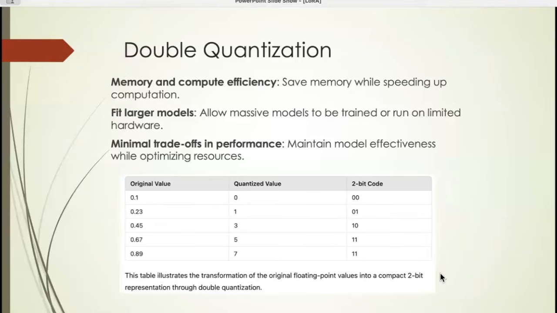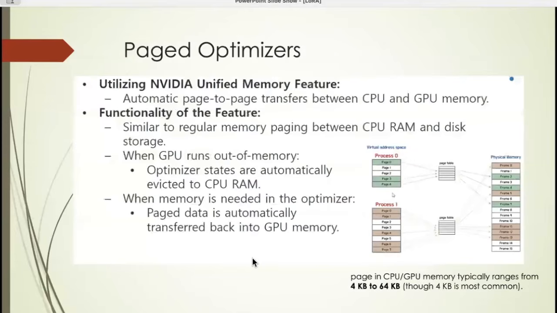I think QLoRA is trying really, really hard to compress the parameter space and memory. And then they also implement paged optimizations, which is what I mean by page-to-page transfers between the CPU and GPU memories. If the GPU memory is not sufficient, they also allow using some of the CPU RAM to keep those pages. If you don't know what a page is, a page in memory is usually just a memory block.